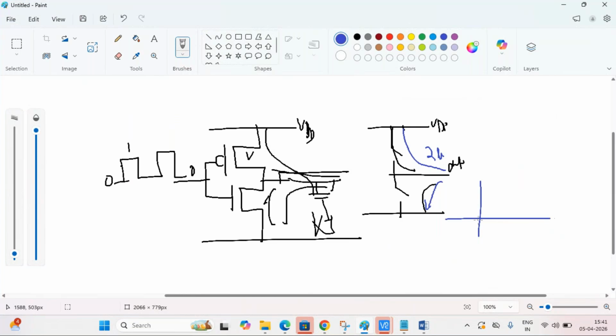For charging, R equals rho L by A. So length increase means resistance will increase. For charging, think of taking your mobile phone as an example. By mistake, layout people are making a huge mistake here.